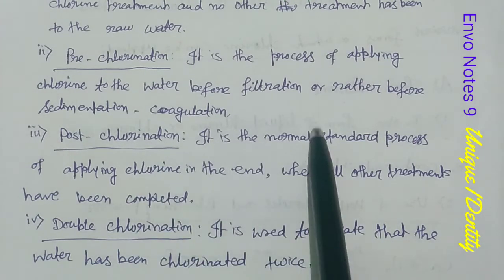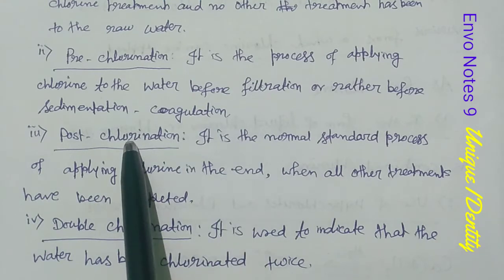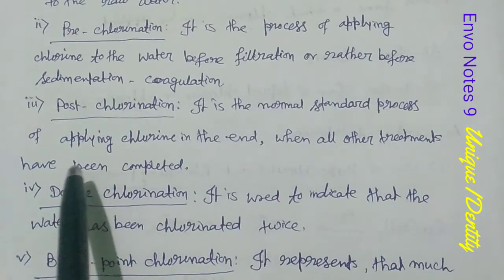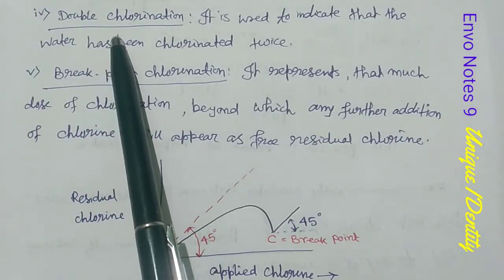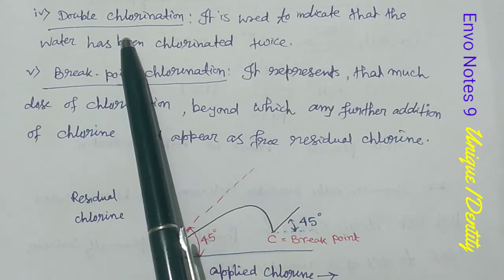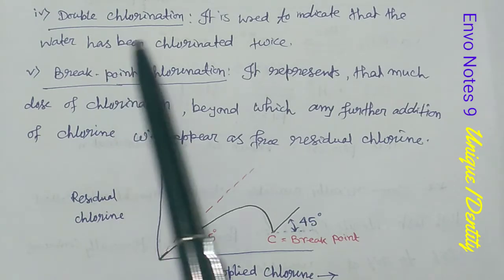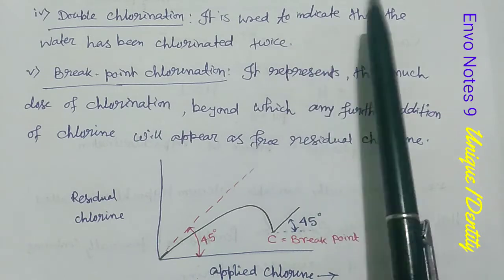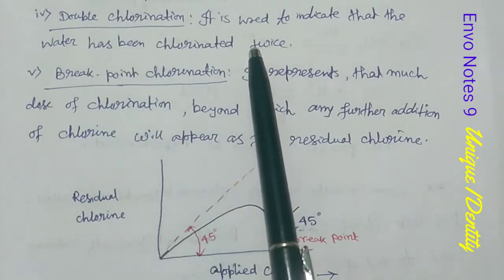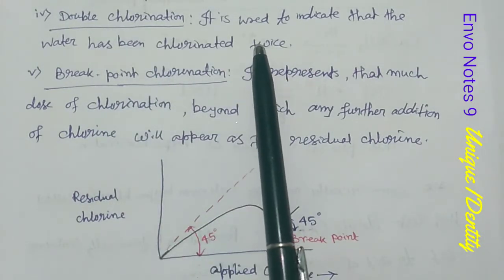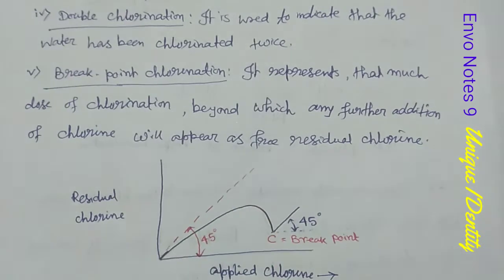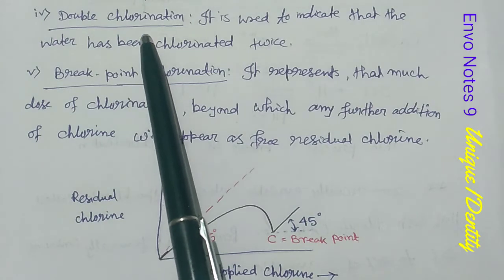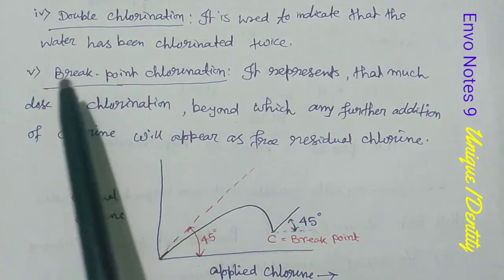Only then is chlorination done, and that term is used as post-chlorination. Next is double chlorination. By definition it indicates that the water has been chlorinated twice, that means once pre-chlorination and then again post-chlorination. That's why it is double chlorination.